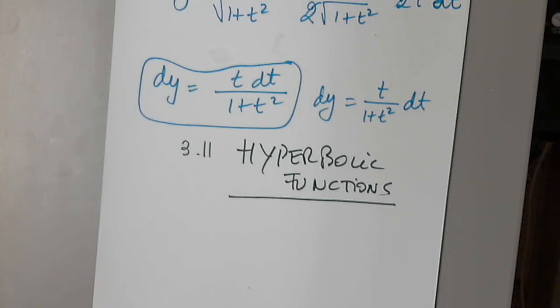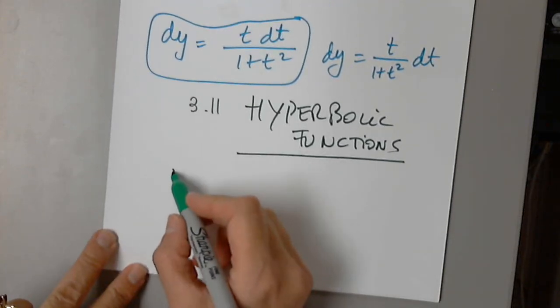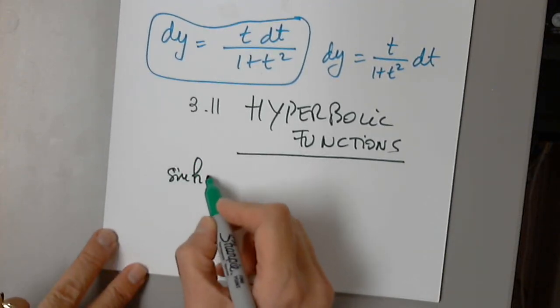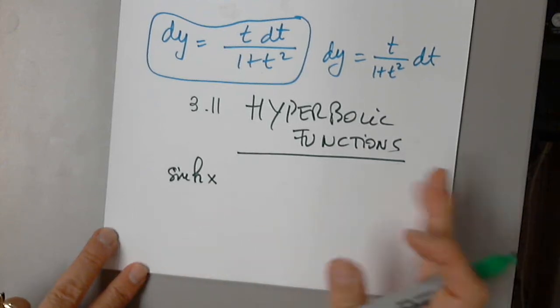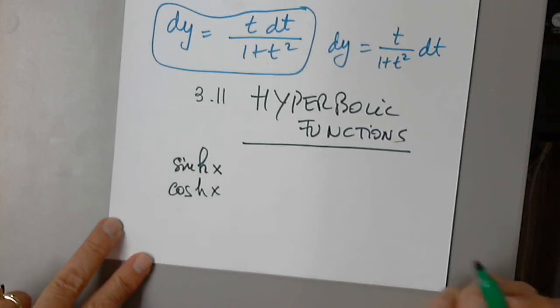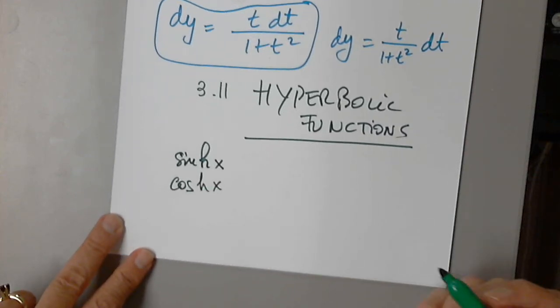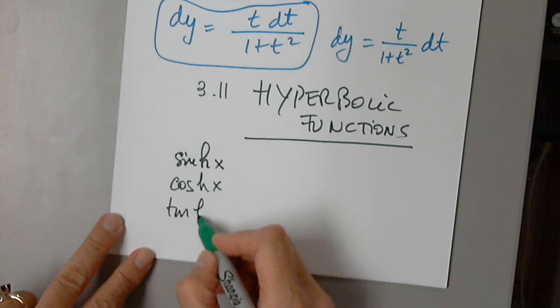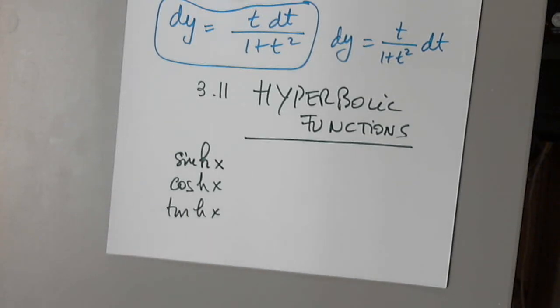I only request 3. And here they are. Sine hyperbolic x, or hyperbolic sine x. Cosine hyperbolic x, or hyperbolic cosine x. And hyperbolic tangent, or tangent hyperbolic x.